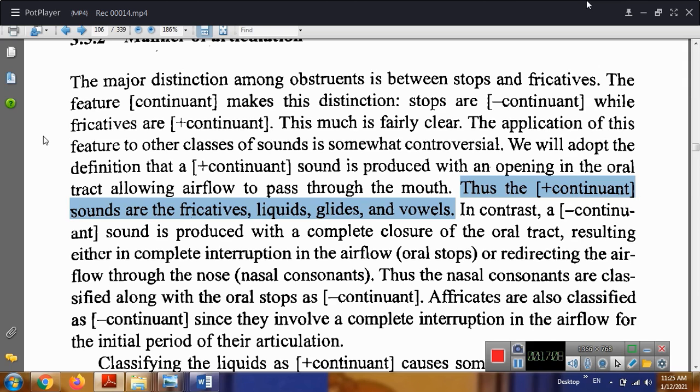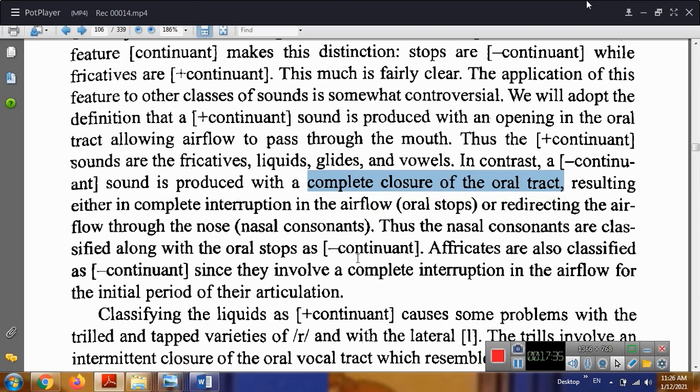In contrast, a minus continuant sound is produced with a complete closure of the oral tract, like p, b, m, n. This results either in complete interruption of the airflow, the oral stop, or redirecting the airflow through the nose, the nasal consonant.